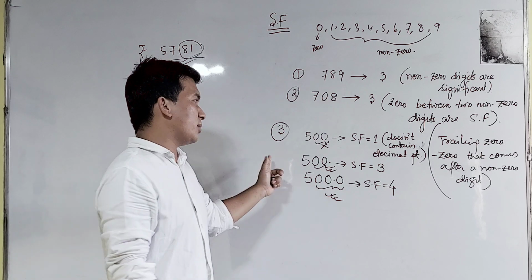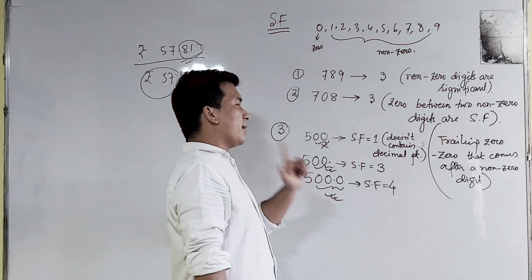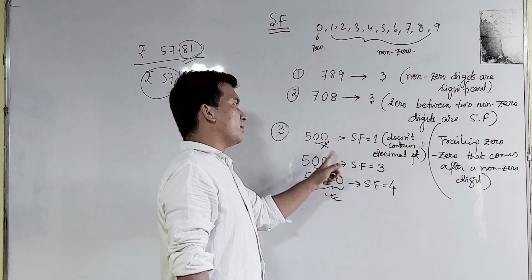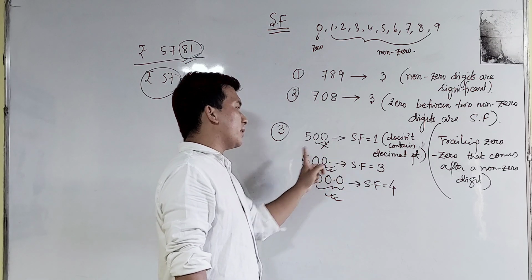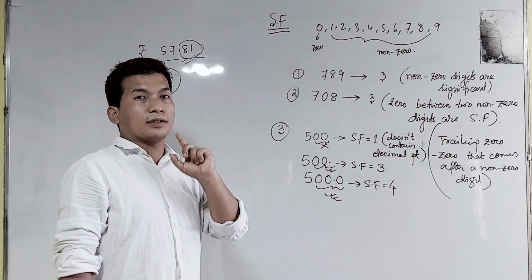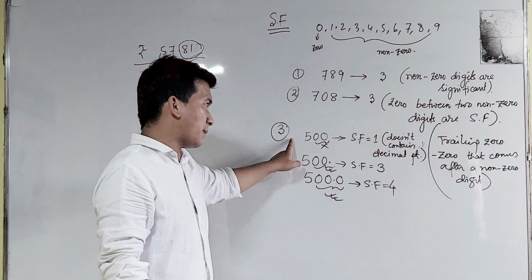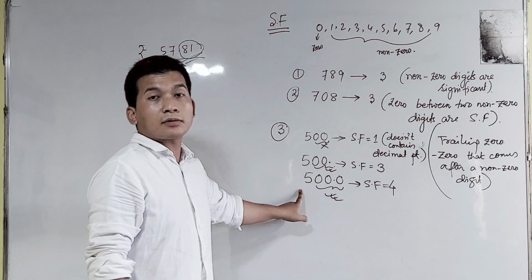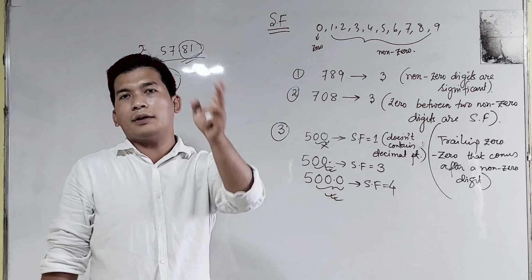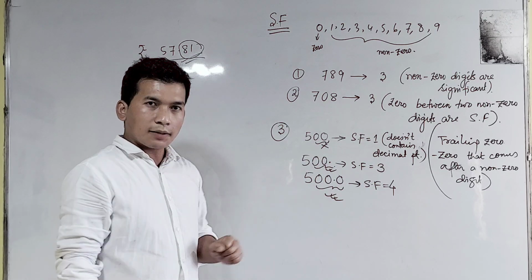Do not have confusion about the decimal point. Take 500: this is 500, this is 500, this is also 500, and if all are counted as 3, it will be totally wrong from the physics point of view.